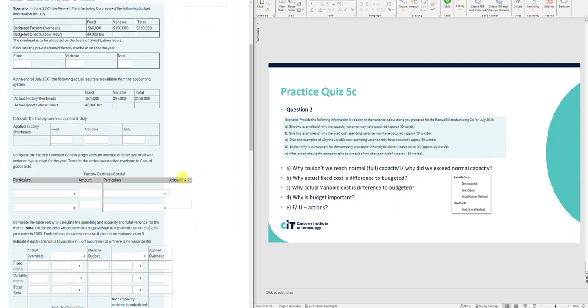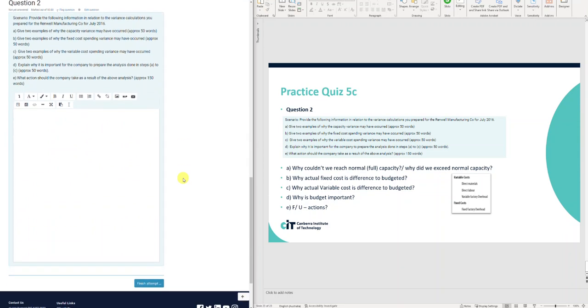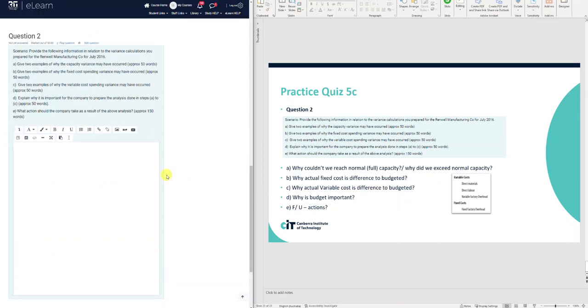So last but not least, question 2 is actually asking you to provide information. Based on the information provided, give examples of different scenarios with a word limit as well. For the first question, give 2 examples of why capacity variances may occur in 50 words.